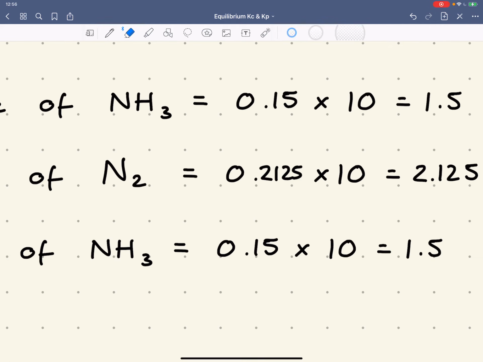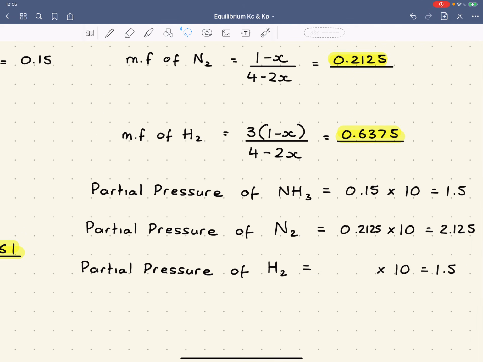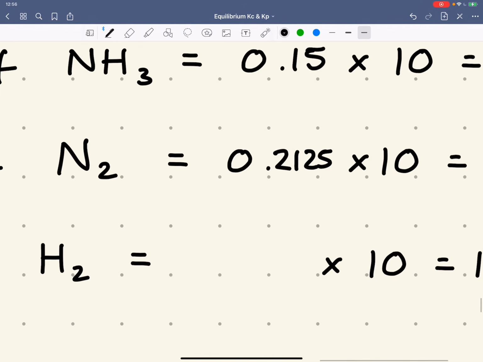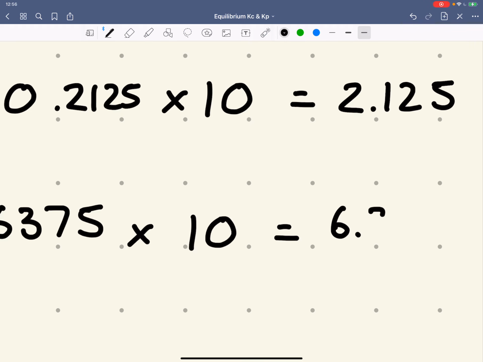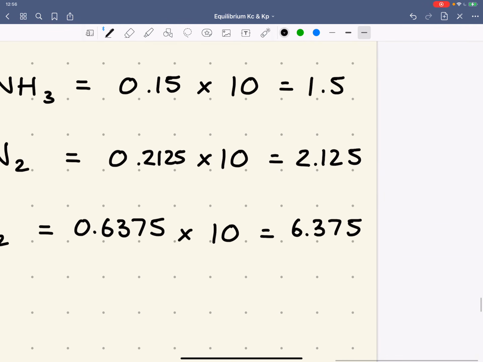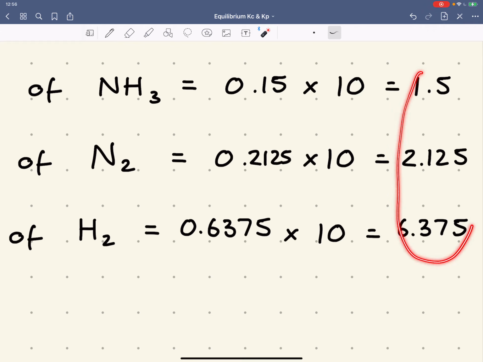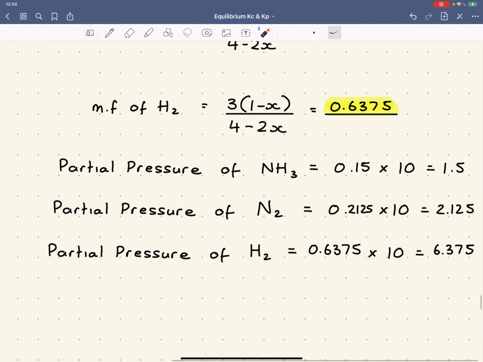And the partial pressure of hydrogen is 0.6375, times that by 10, and that'll give me 6.375. Remember that all these partial pressures should add up to the total pressure of 10.